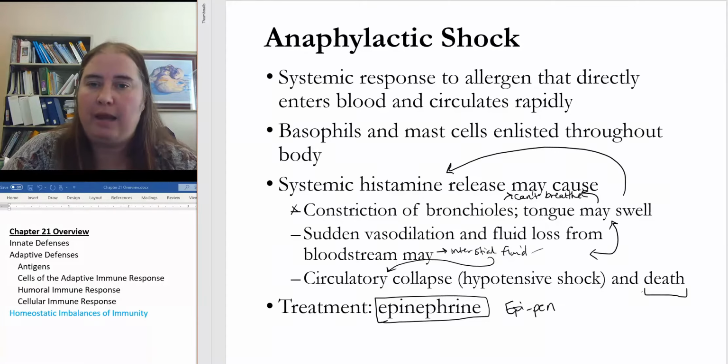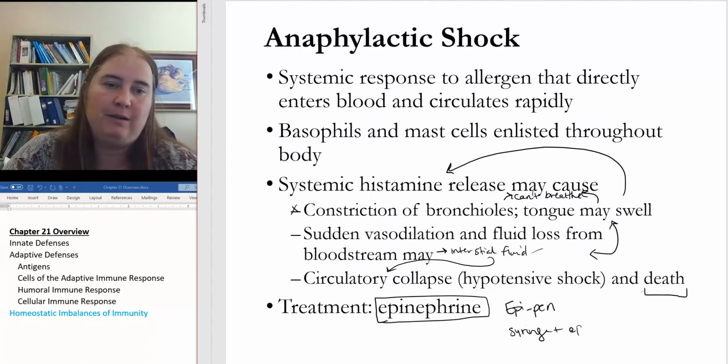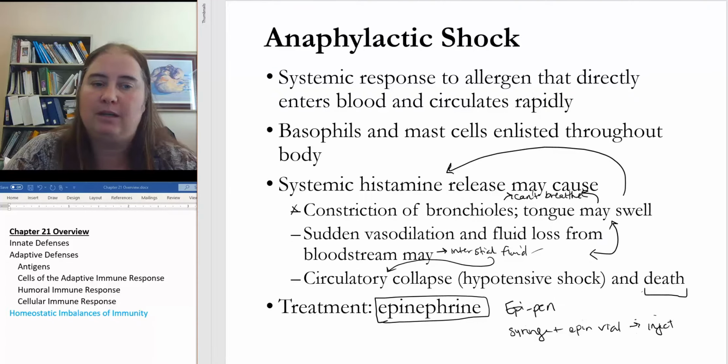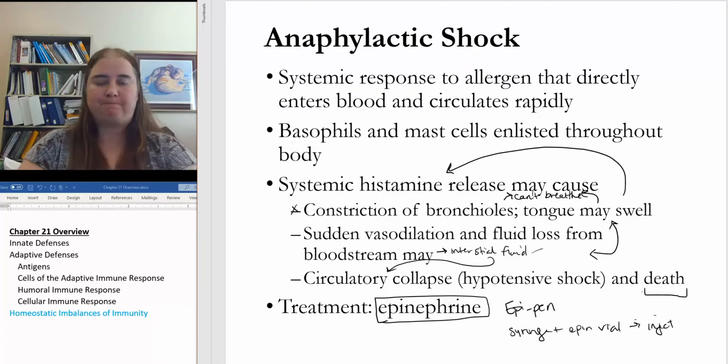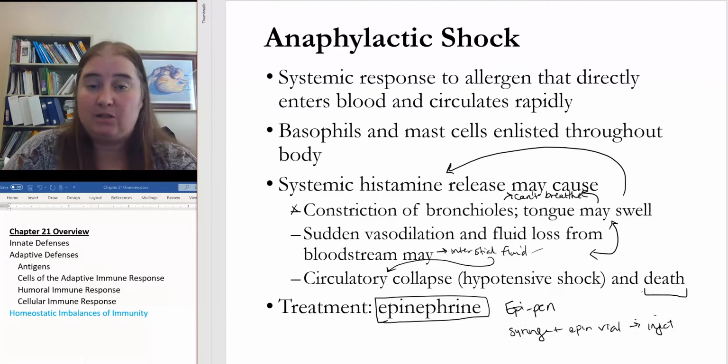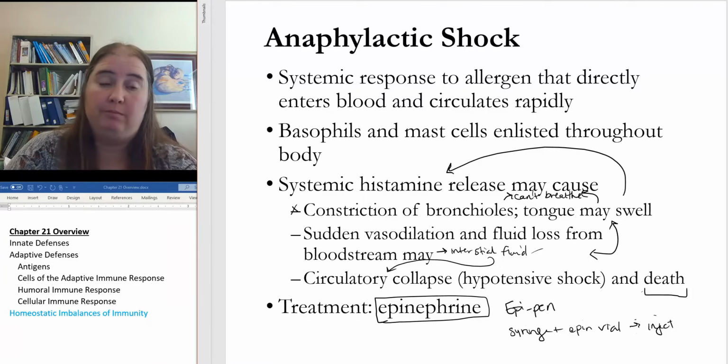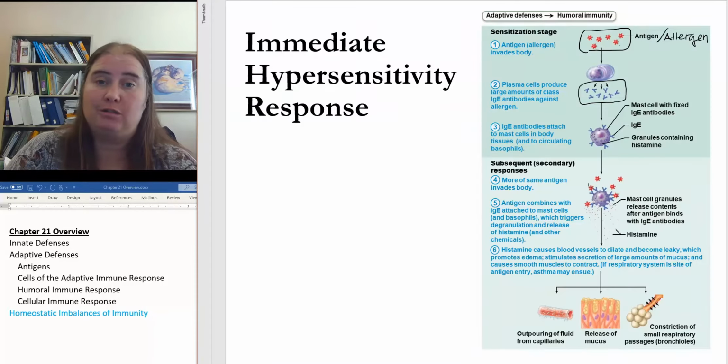You can also get epinephrine as an injectable. So you can get a syringe plus epinephrine vial, same thing, and inject it as well. Okay? So again, these are your typical anaphylactic shock allergens.